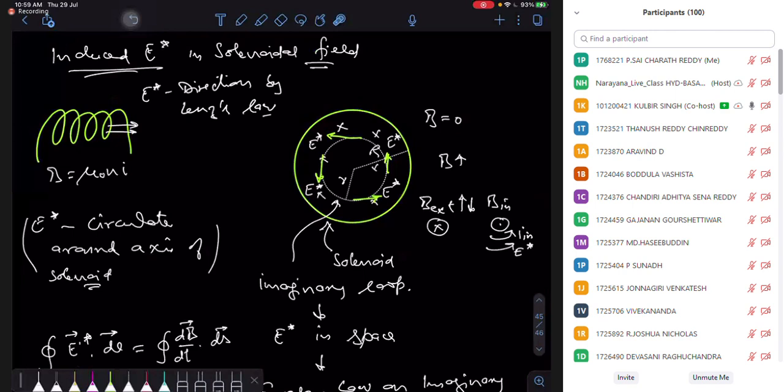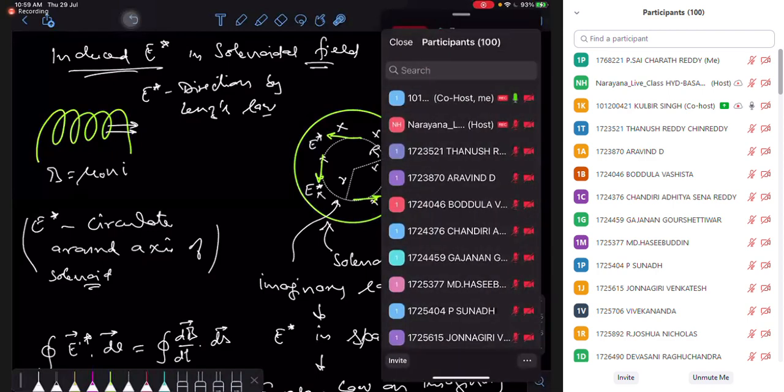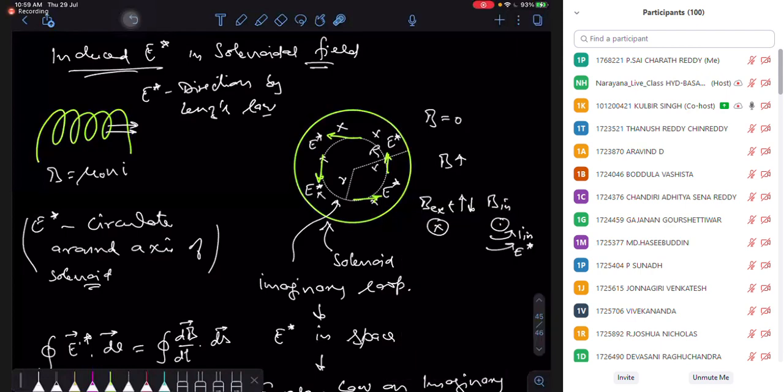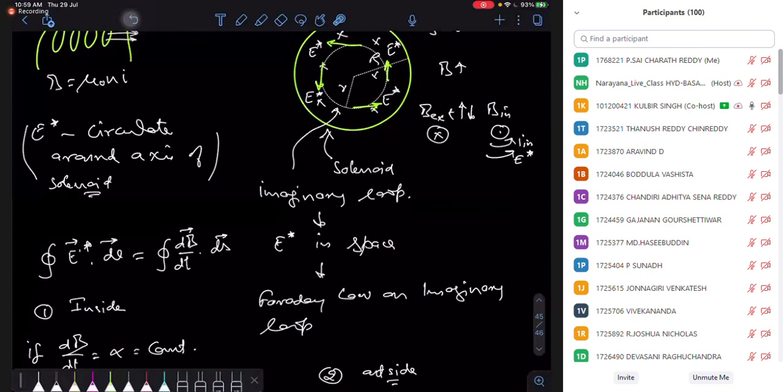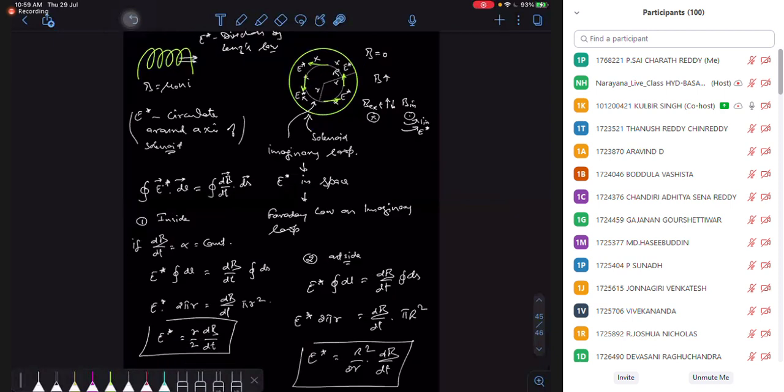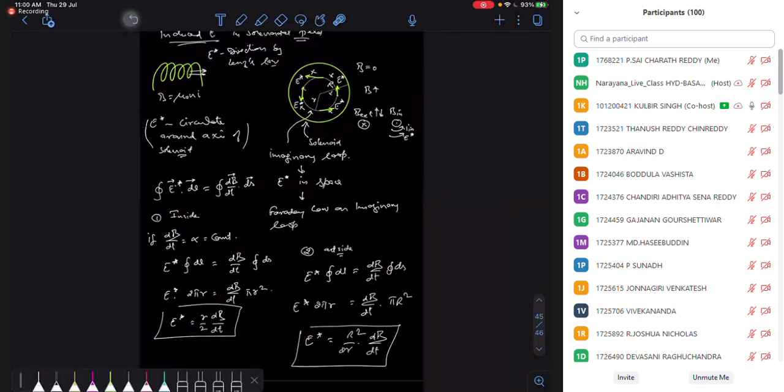We are going deeper into Faraday's and Lenz's law. Who is the cause of Faraday's law? The ultimate direction you get is the same Faraday's law. So E star is creating my Faraday's effects. Does anyone have a doubt in this derivation? A plus point of the derivation is that it is not only for the conductor, it is for insulators also, because the electric field exists in space.